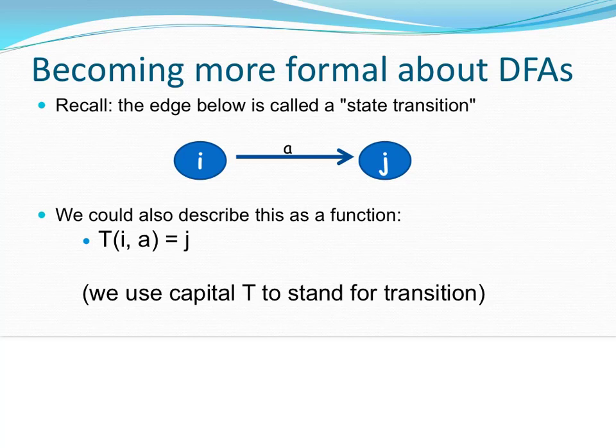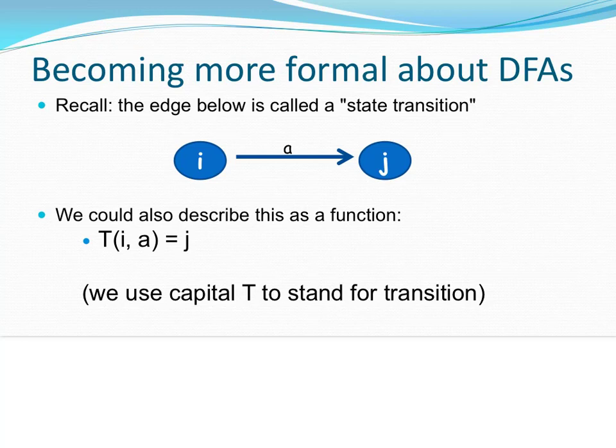Okay, we're computer scientists. We're also mathematicians. And so we like to be very, very precise in our language. So we're going to be a lot more precise in our language about DFAs now. And just as a reminder, we call this a state transition. And we could describe this as a function.